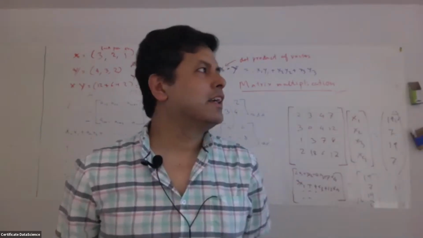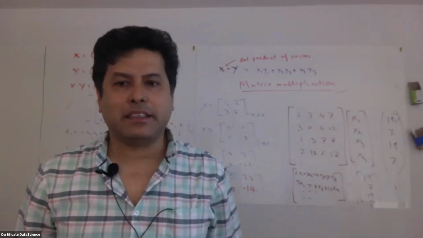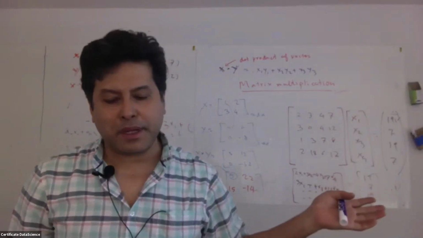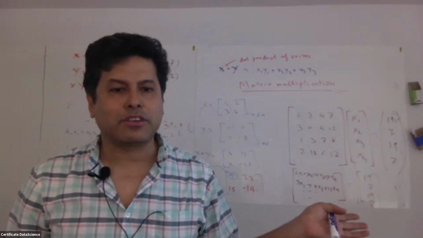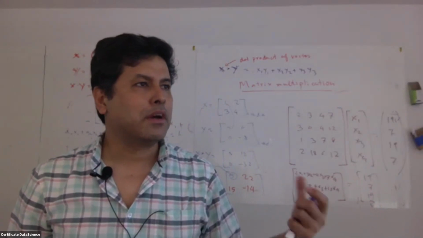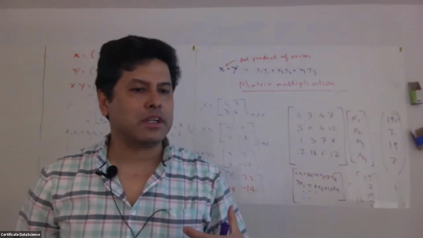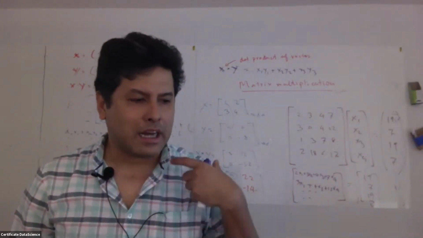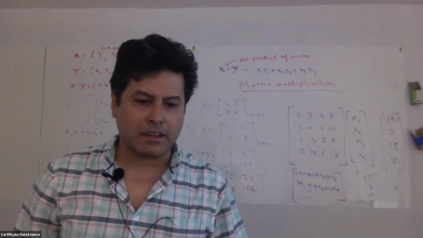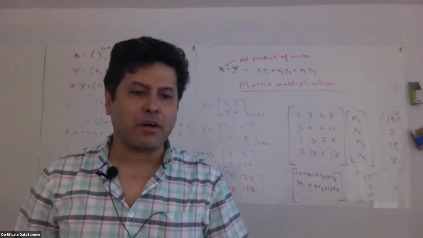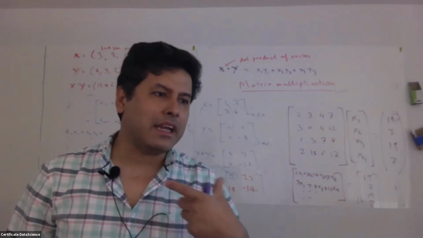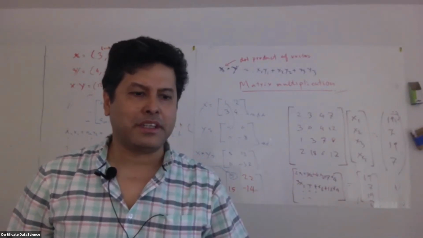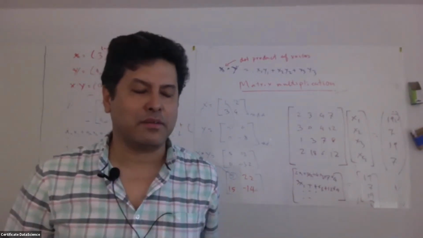We can feed array, see. Yes, you can send them as array. I think if we convert it to matrix and send it, it will also solve the same thing. Because when you send something to the solve function, it will check, is it an ndarray or matrix? If it is ndarray, then it will convert it into matrix and then do the calculation in matrix.